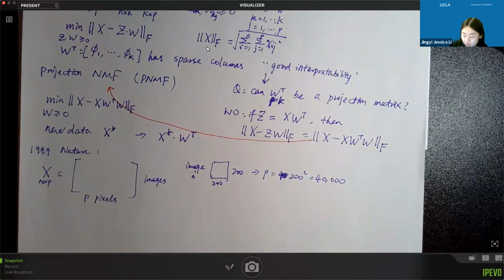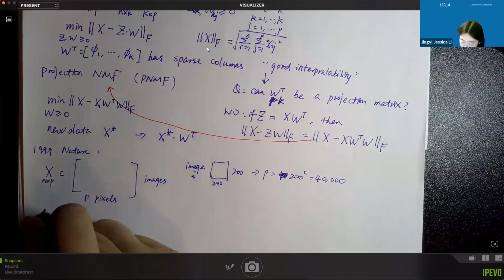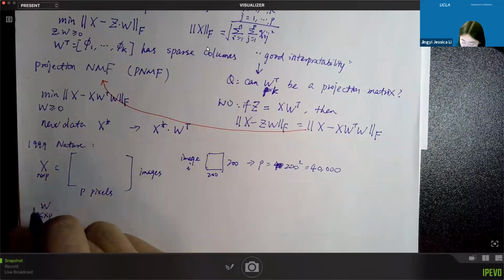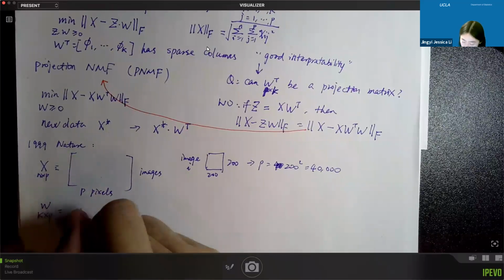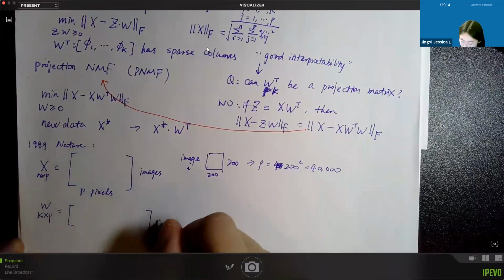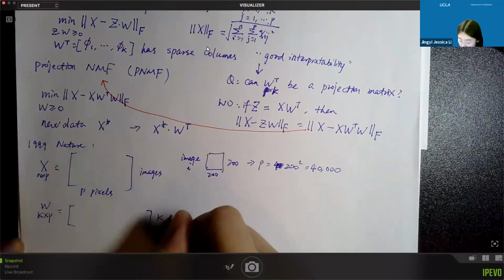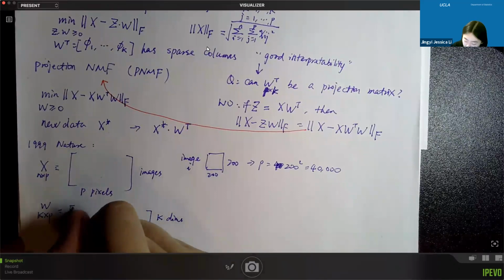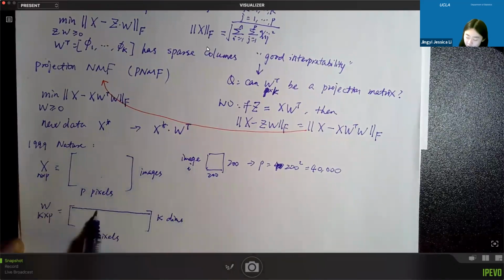Okay, and then once you obtain the W, as we know, it's a K by P matrix, right? So now I have K dimensions, and the columns are still P pixels. Then what does it mean? Each new dimension will be a combination of the original P pixels.